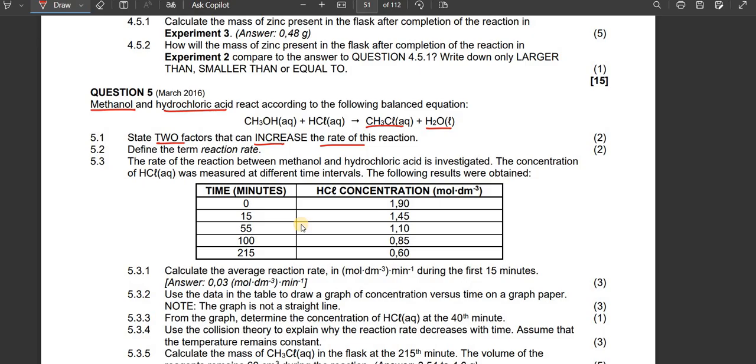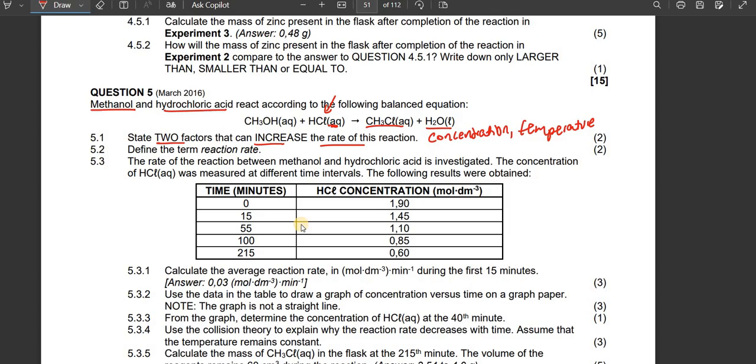Well, what could we talk about? Perhaps we can talk about the concentration, because we're talking about aqueous solution there. So we can say concentration, right? We can also say temperature, but we can't say surface area because there is no solid here.